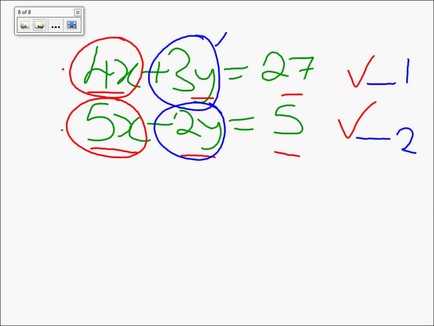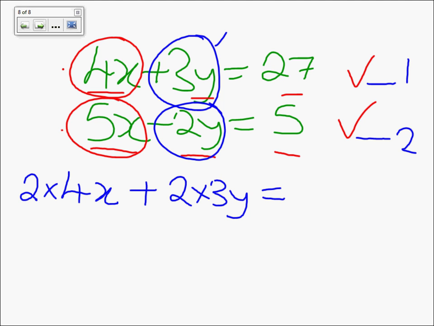So I go 2 times 4x plus 2 times 3y equals 2 times 27, that's 54. That is equation 1, multiplied by 2.